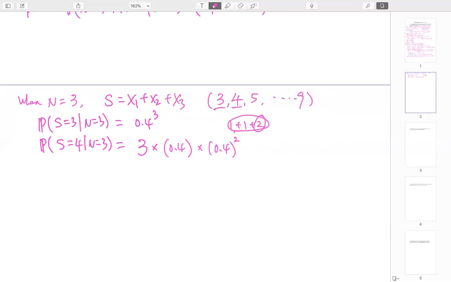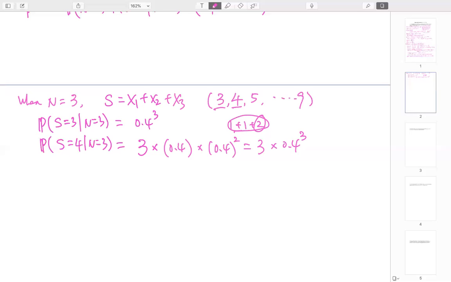Okay, so what do we have? So now what we have is 3 times 0.4 to the cubic. Okay, you can easily now get the result if you have the calculator to compute everything.